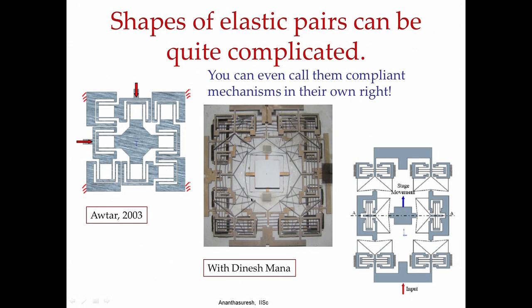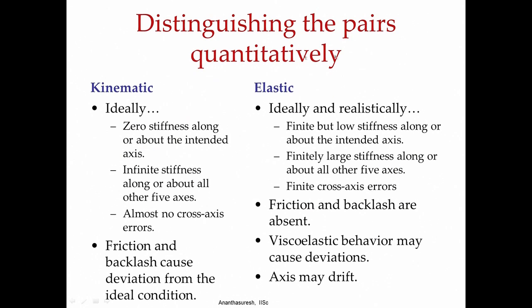Some of them can be very complicated because their shapes are not anything specific, only the resultant motions you see. Again I emphasize the difference between kinematic pairs and elastic pairs. If you compare these two, in a kinematic pair ideally, meaning that there is no friction or backlash, you have 0 stiffness along or about the intended axis.